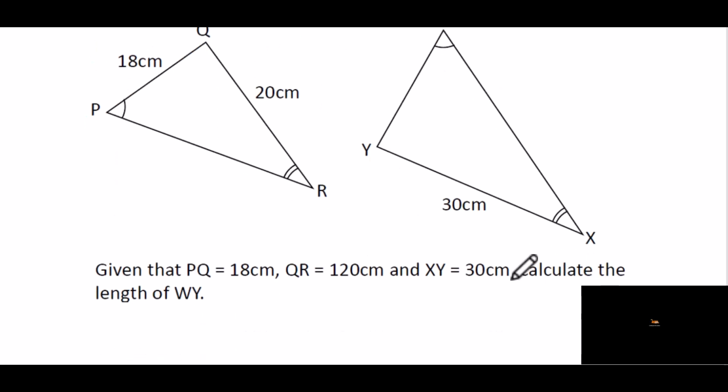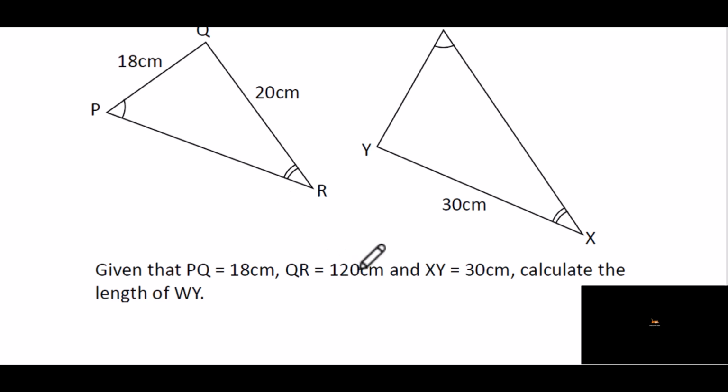The question says, given that PQ is equal to 18 centimeters, QR is equal to 120 centimeters, and XY is equal to 30 centimeters, calculate the length of WY.